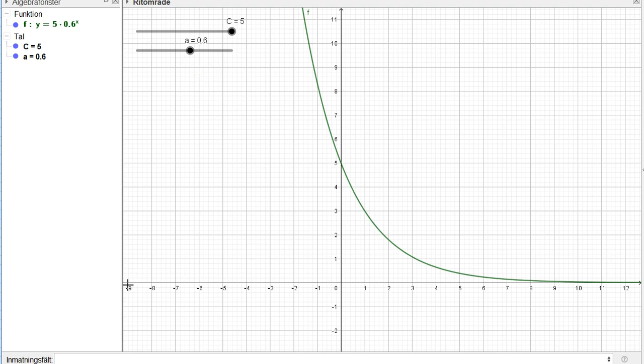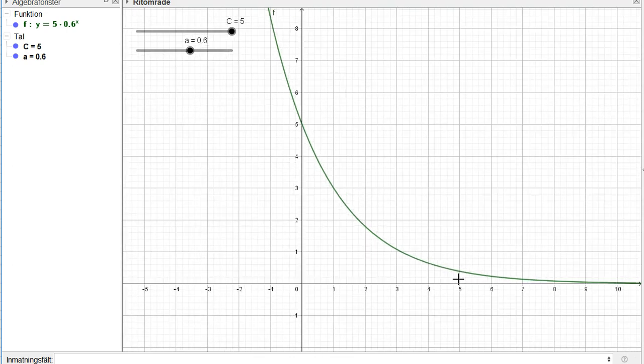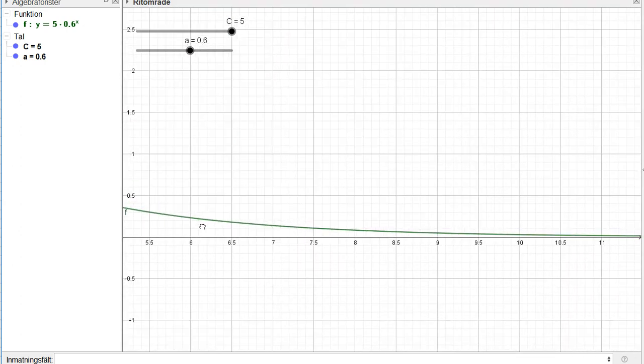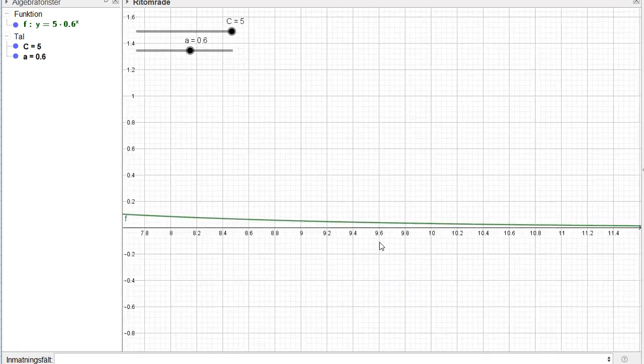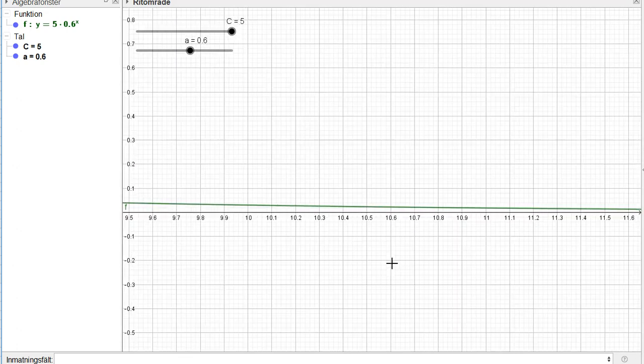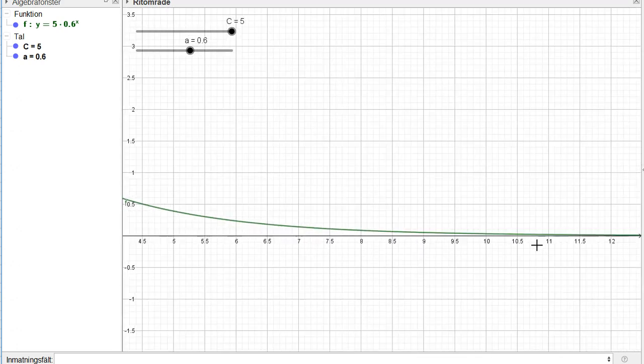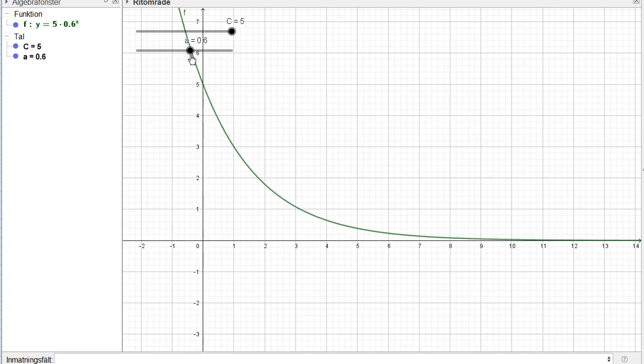It goes very near to 0, but it doesn't touch y is equal to 0. So never. If I expand this, as you can see, it doesn't touch. Very near, but it doesn't touch. It's the same also when a is more than 1, when it is increasing.